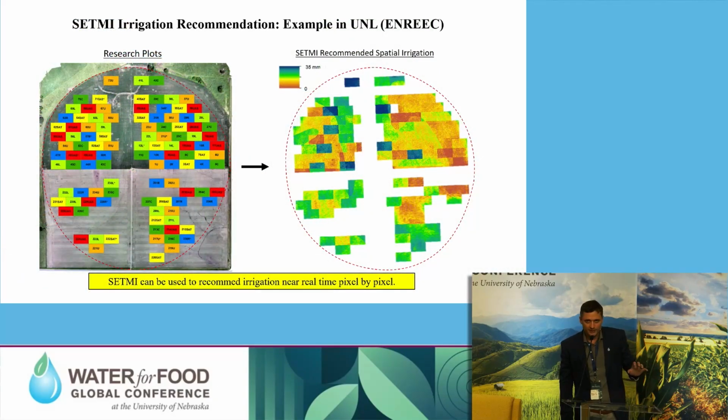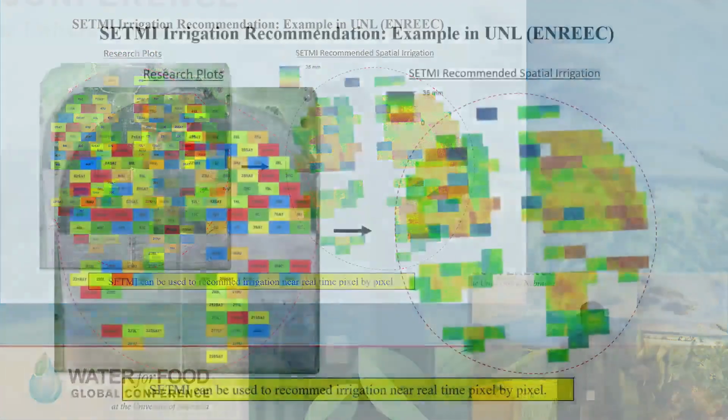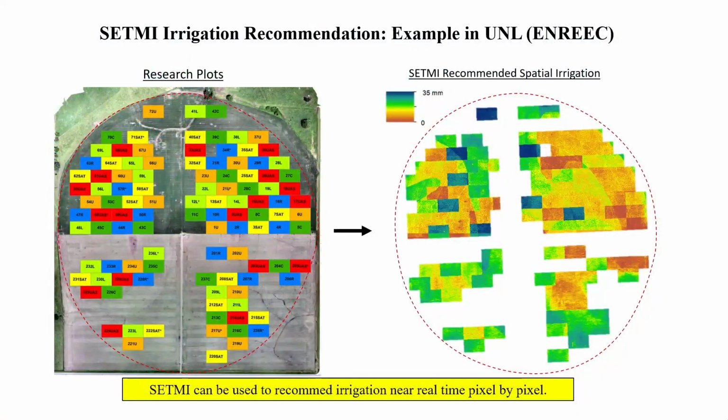This is a practical example in the real world. We have here a center pivot with a VRI system, variable rate irrigation. As you see across the field, we have many plots. Each plot is a different treatment. It could be irrigation restriction, different crops, or different varieties, which means the crop water requirement is different for each crop.